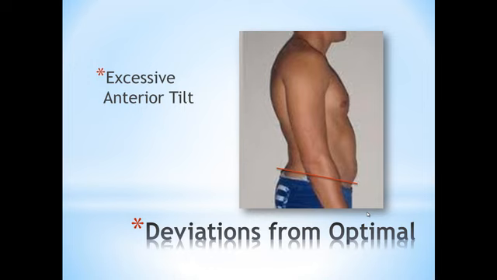Another sagittal plane deviation that we may see is an excessive anterior pelvic tilt position. That's a posture where the pelvis is tilted further anterior, the lower lumbar vertebrae are forced anteriorly, and the upper lumbar vertebrae move posterior, in an attempt to keep the head over the sacrum.